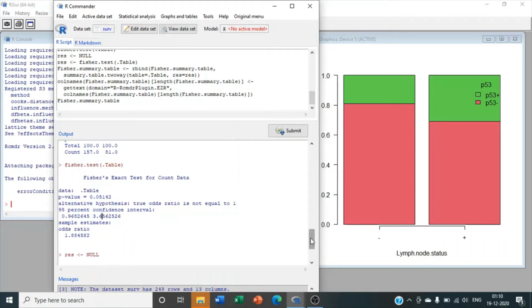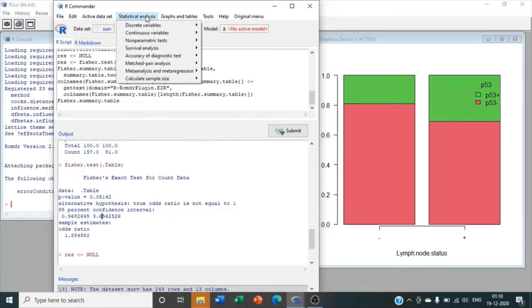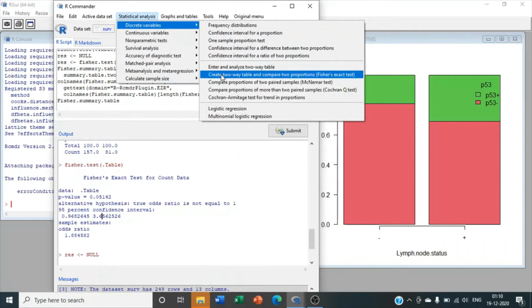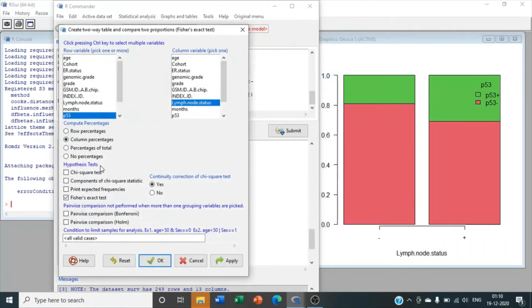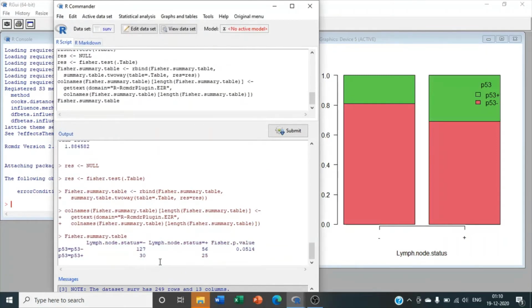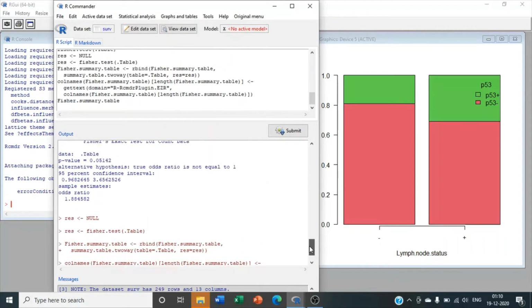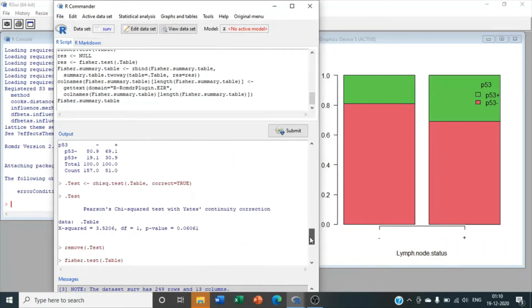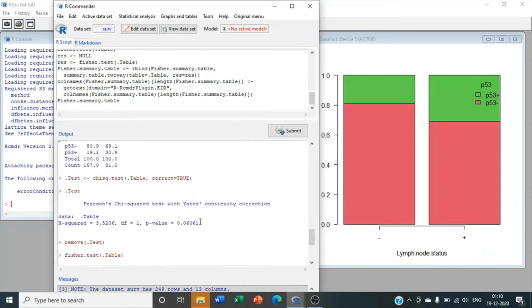Now, we had seen that with the Fisher's exact test, we got a non-significant p-value. What if we do the other valid test, the chi-square test? With the chi-square test and with the continuity correction, we click on OK, get the Fisher's p-value of 0.0514, and the chi-square p-value is 0.06.